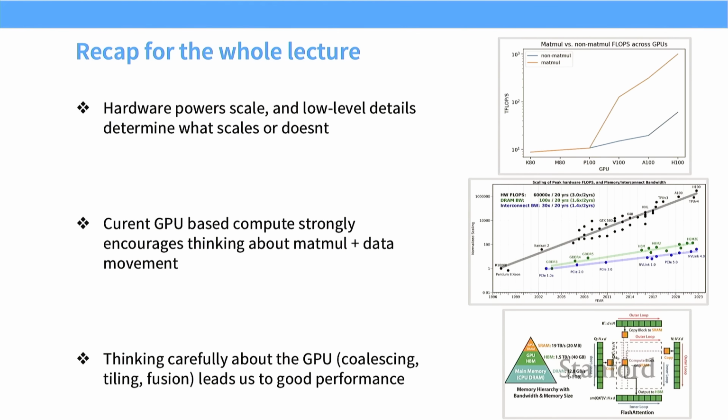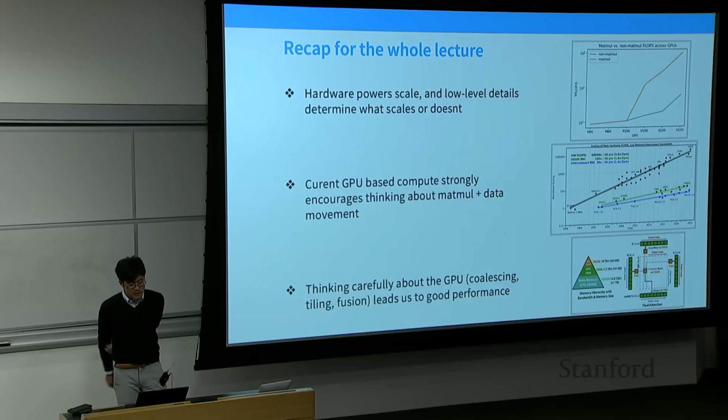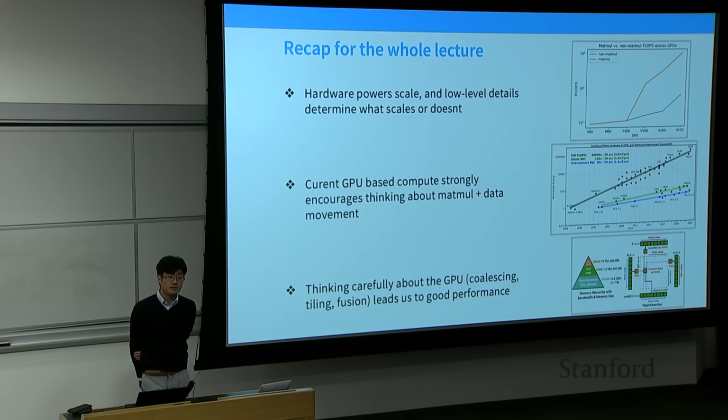And then finally, if you have to do a certain amount of computation, the way to optimize things is to optimize your data movement, to avoid as much movement from the high bandwidth memory or the global memory as possible. You want to reduce that and have everything in the very, very fast shared memory, and that leads to good performance on things like Flash Attention. Thanks, everyone.